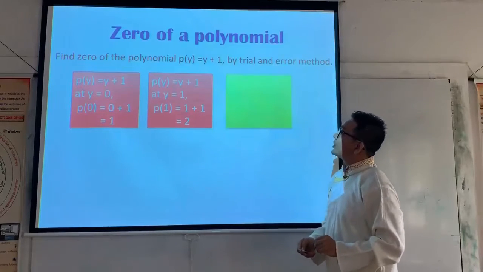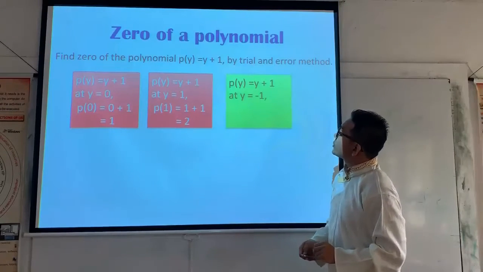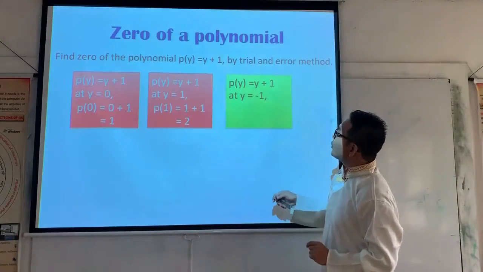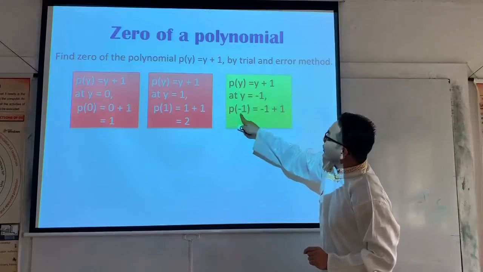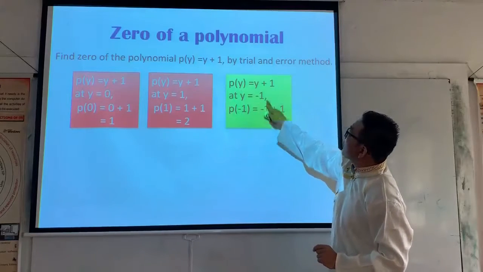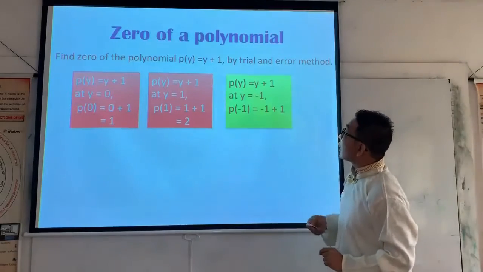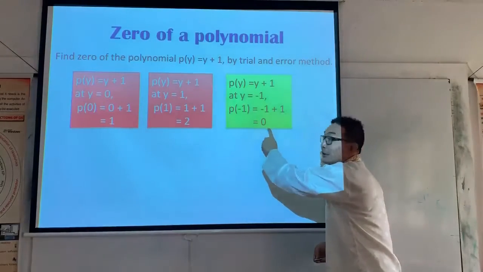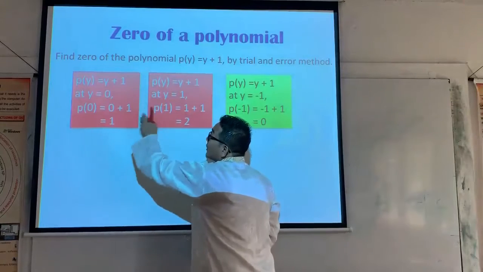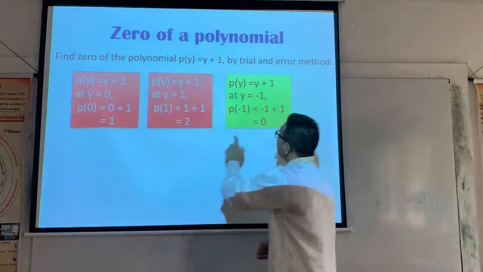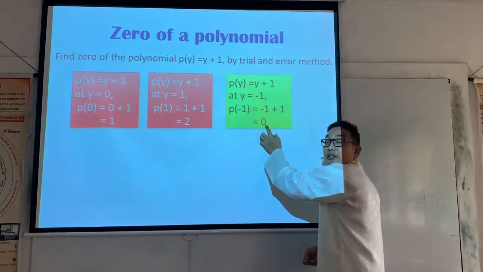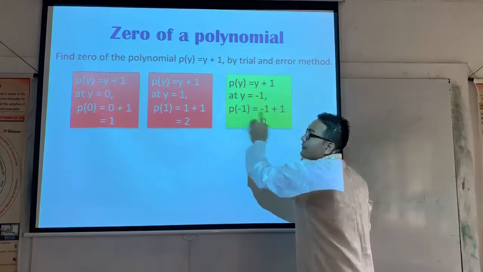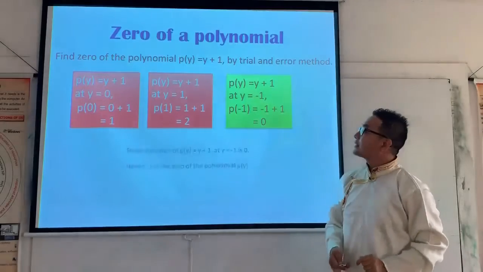Now let y is equal to negative 1. So p of negative 1 is equal to negative 1 plus 1, which is 0.